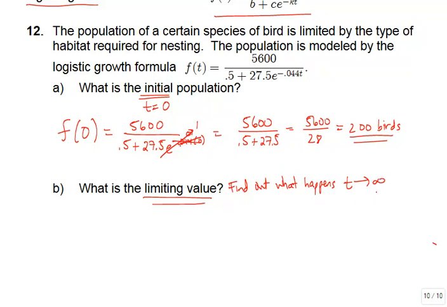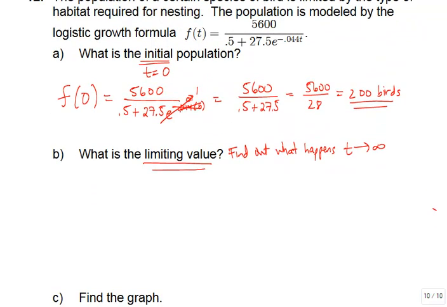If I could let time continue to pass and pass and pass, as time goes to infinity, what is this population going to stabilize at? So what we're really trying to do is figure out what this population does as t gets bigger and bigger and bigger. So we're going to have to imagine plugging in infinity right where that t is.